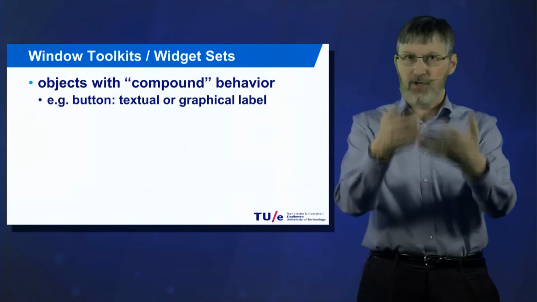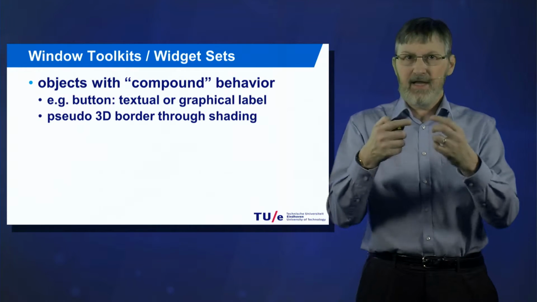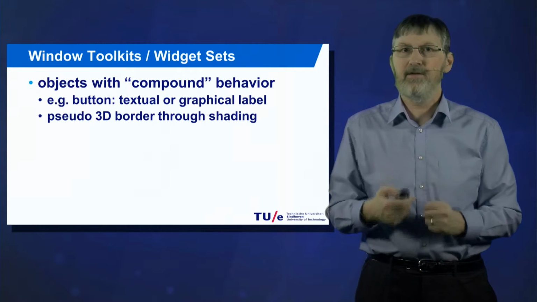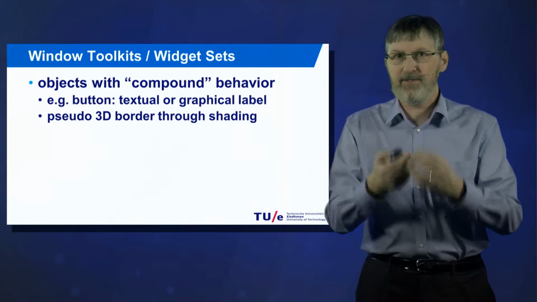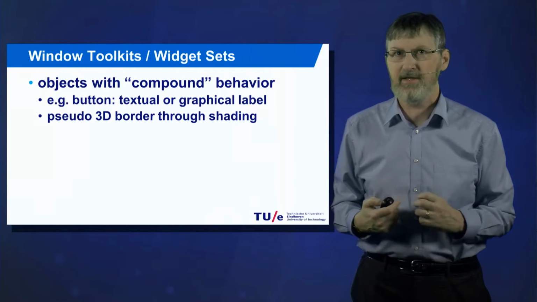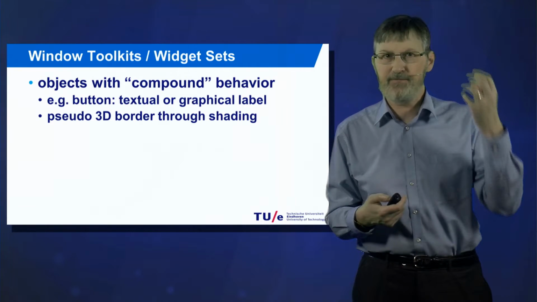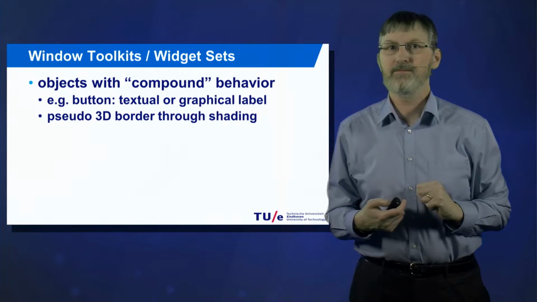But the button shows a textual or a graphical label, and it adds something that looks like a 3D border. The impression of a 3D border is generated by pretending that there is a light source, a lamp, in the left top corner of the screen, and it casts a shadow.